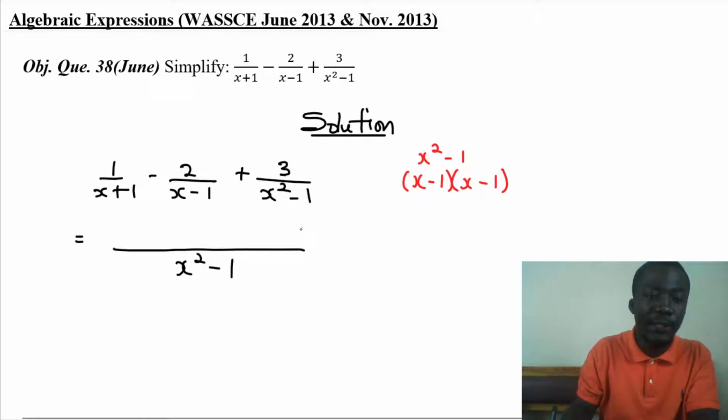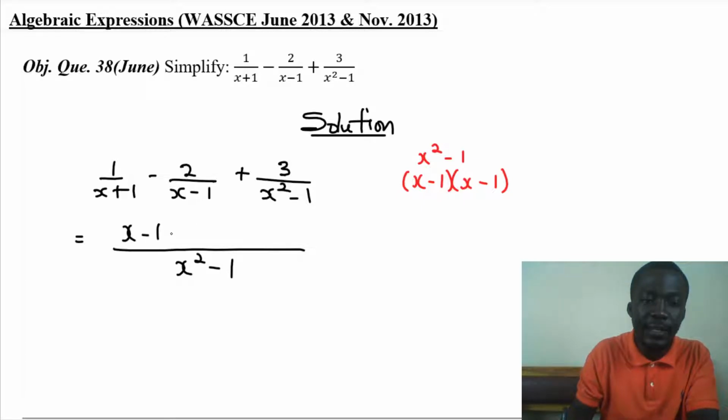So with this, we can continue by dividing the denominator, which is x squared minus 1, by each of the denominators. So x plus 1 goes into x squared minus 1, we will have x minus 1.